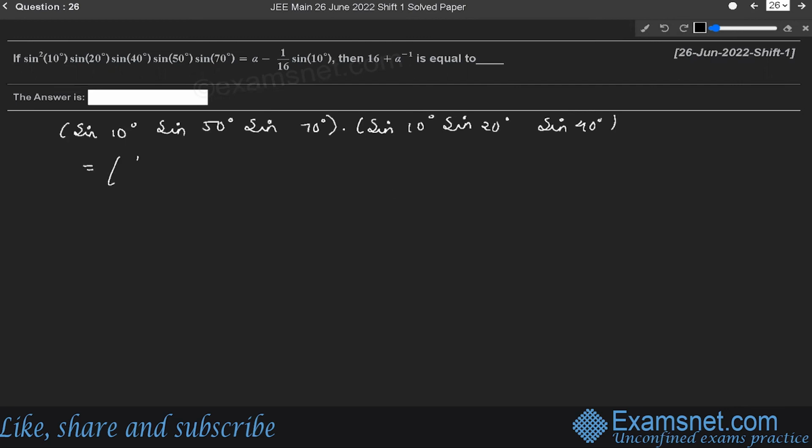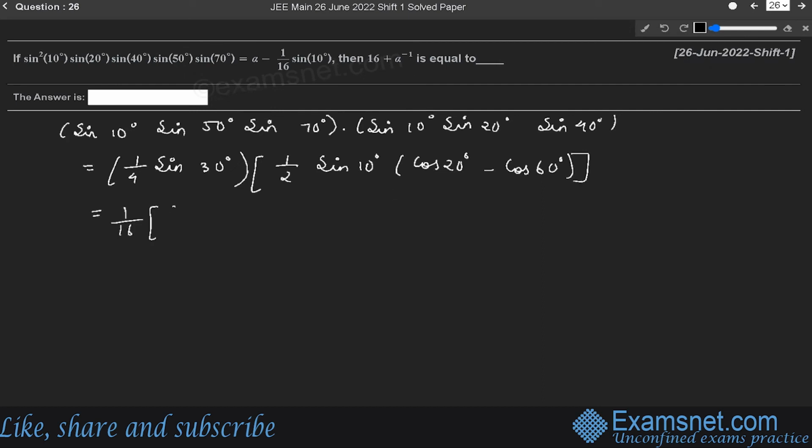So this will be equal to 1/4 sin 30°, 1/2 sin 10° · (cos 20° − cos 60°). So this will be equal to 1/16 · sin 10° · (cos 20° − 1/2).